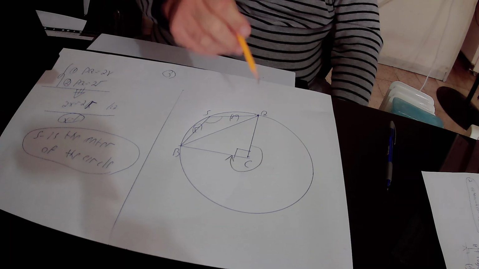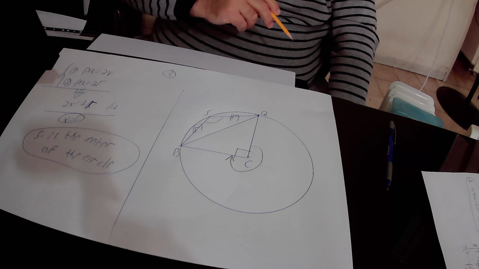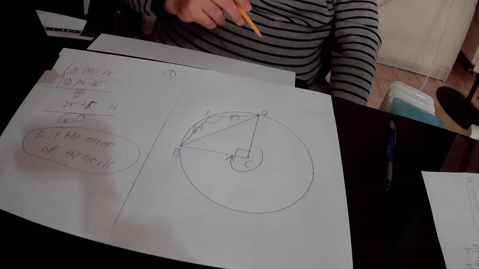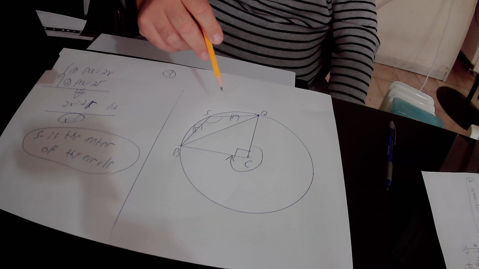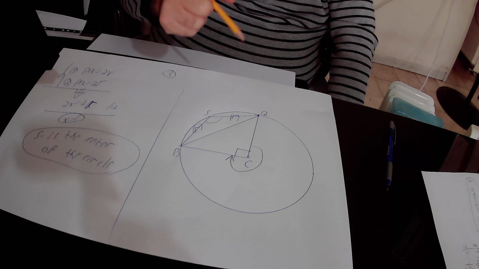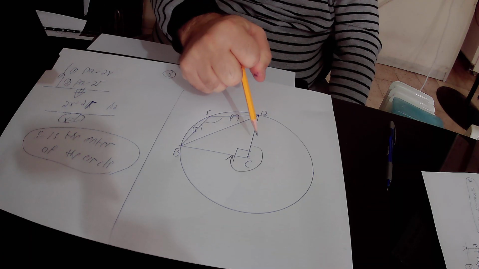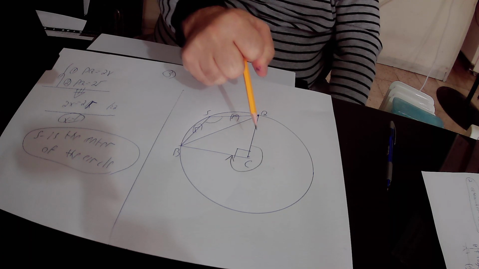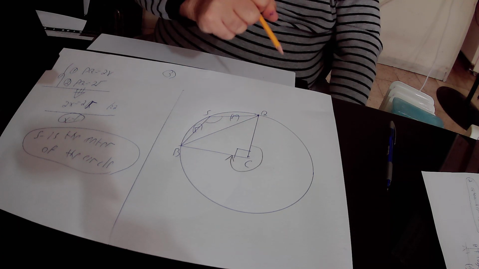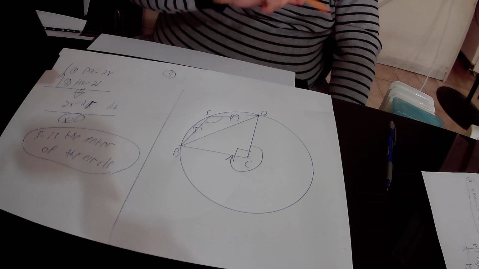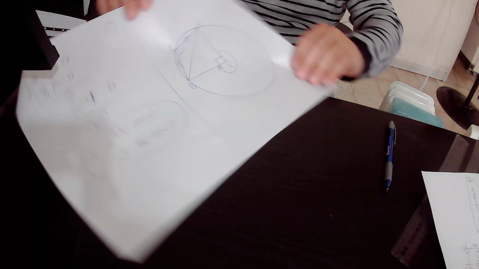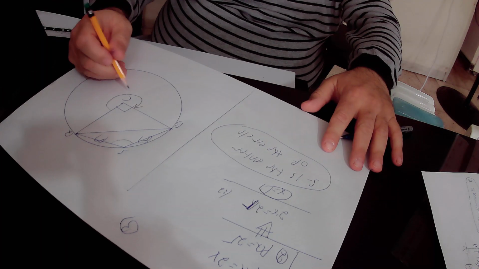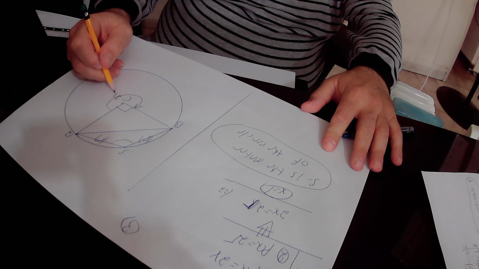Therefore, this missing angle must be equal to 270 degrees. Why? Because 270 degrees plus 90 degrees is 360 degrees, exactly according to rule number 6. So the missing angle equals 270 degrees.